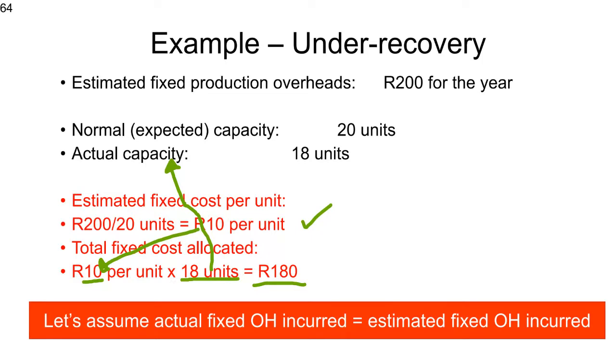Now, like we said before, let's assume that we can accurately estimate the fixed production overheads. So this 200 Rand is actually what we paid. Okay, so now let's have a look at our T accounts. Everyone's happy, right?